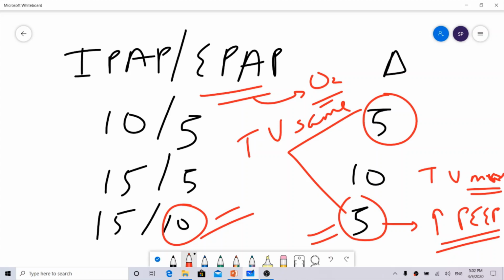Even though you are ventilating the same, the effect you are getting is similar. Of course, these settings are very basic, and you have multiple settings here.